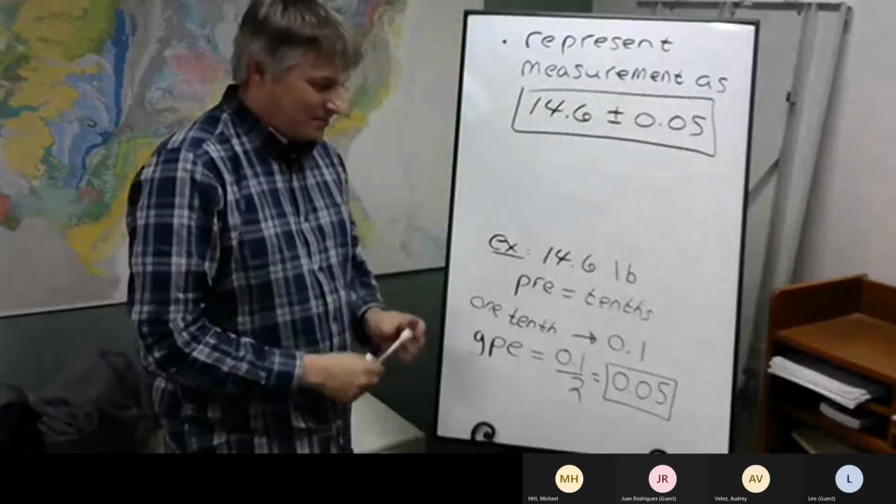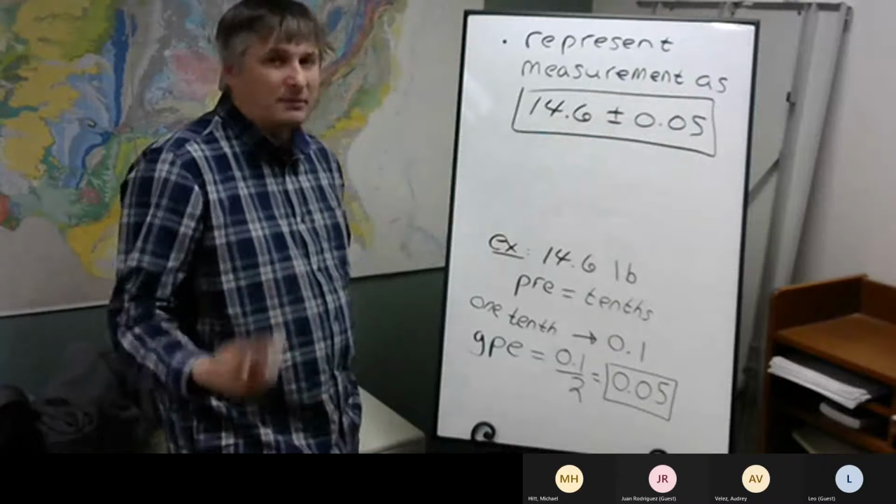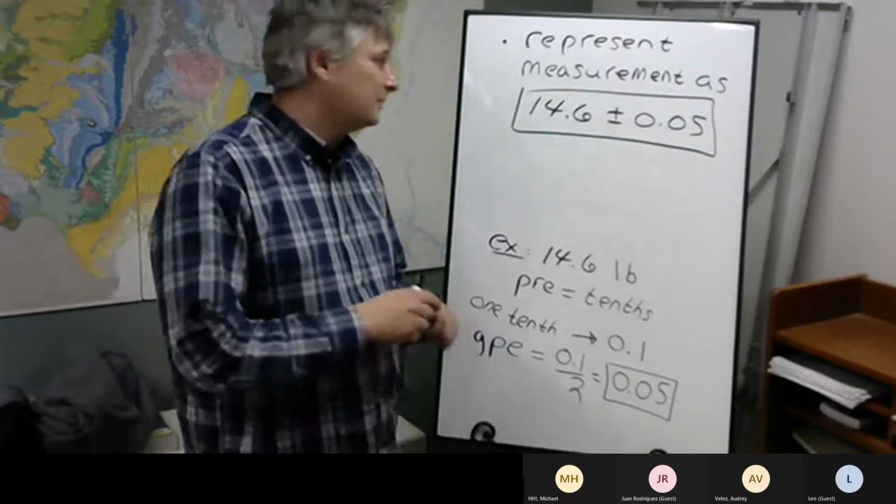So this is what they mean by greatest possible error, or how we can apply it and put it with our measurement.